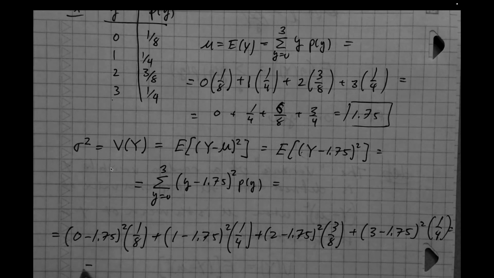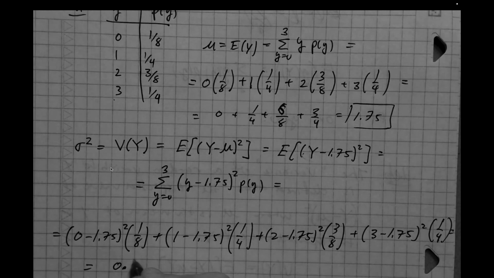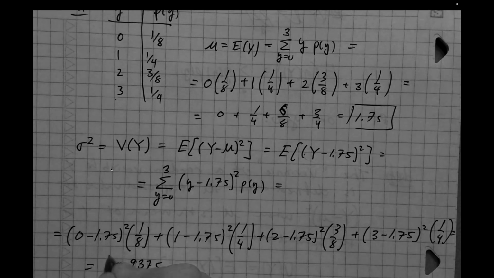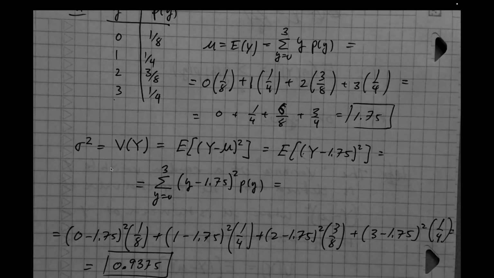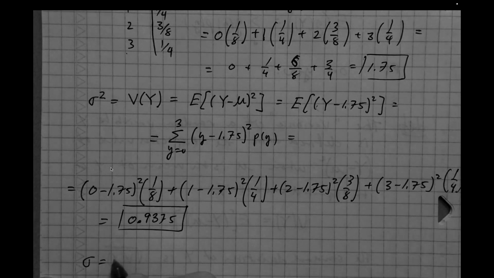And when you do all of that, do pause the video and try to calculate that, make sure you can get to that. You get 0.9375. Okay, and so that's your variance, or sigma squared. Then the standard deviation is equal to the square root of sigma squared, otherwise known as the square root of the variance of y.